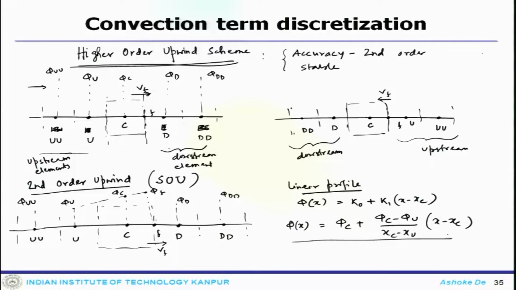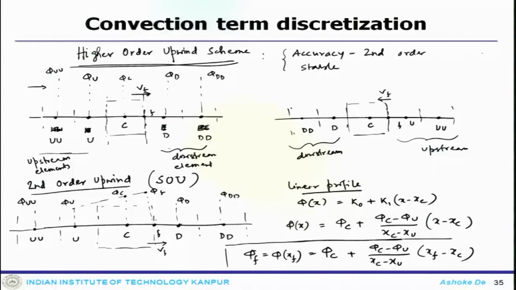Now, what happens then at phi f, which is essentially phi at x f, is going to be phi c plus phi c minus phi u divided by x c minus x u multiplied by x f minus x c.